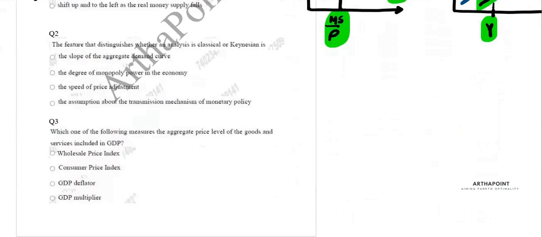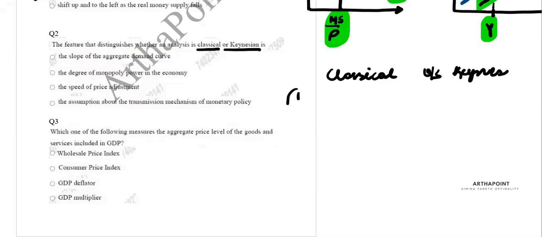The feature that distinguishes whether an analysis is classical or Keynesian is, now see here. When we talk about the classical versus Keynes approach, one, they tell us about the aggregate supply curve, right?